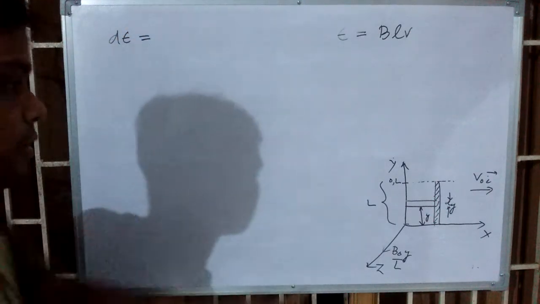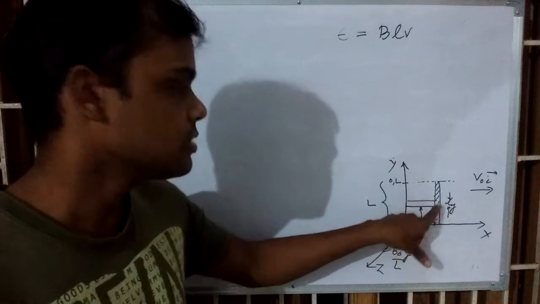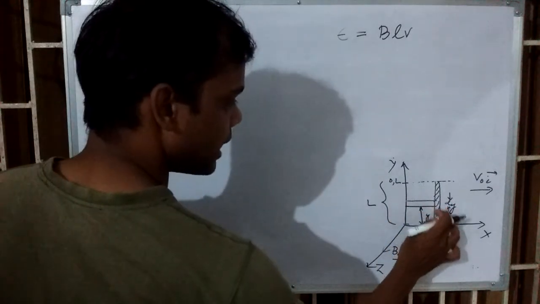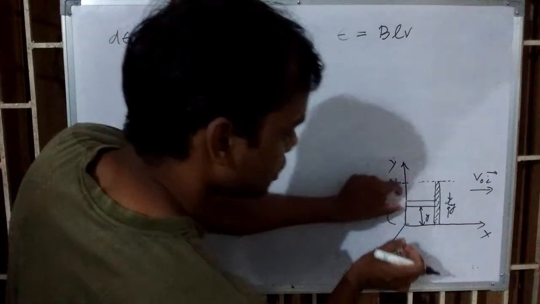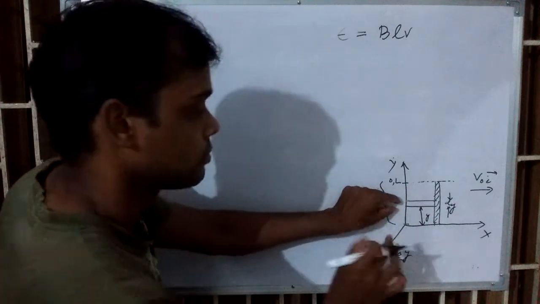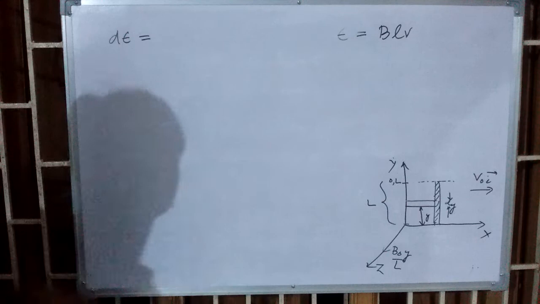D epsilon is the EMF generated across the rod by just wiping this area. You cannot use the total length of the rod here, you have to use this much length, that is dy only, because it is wiping this area.